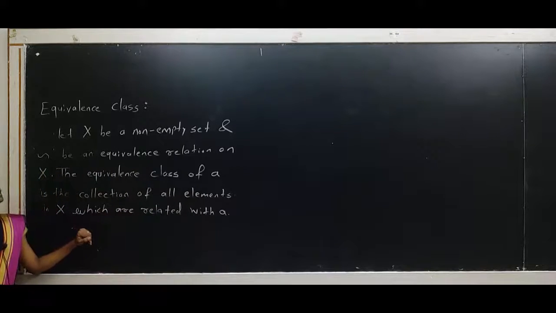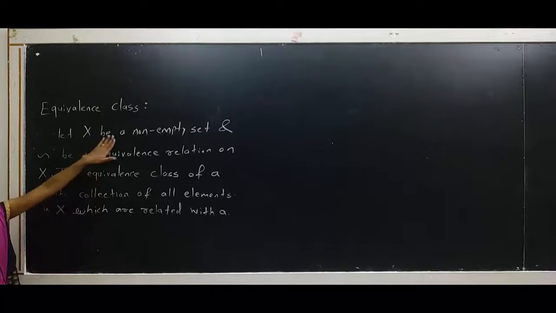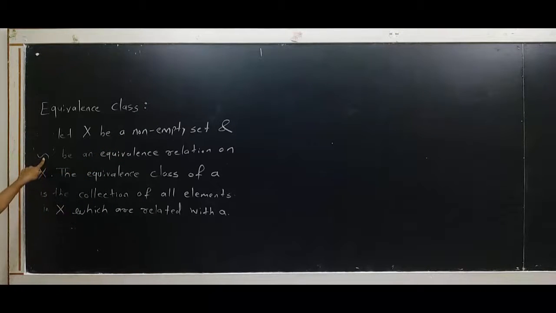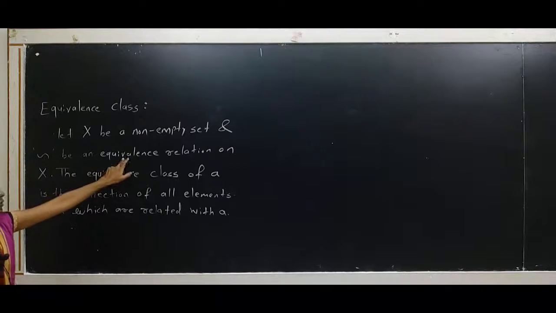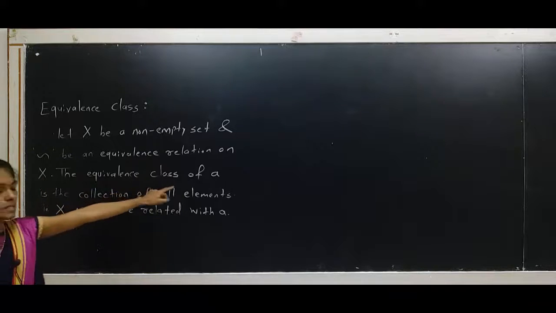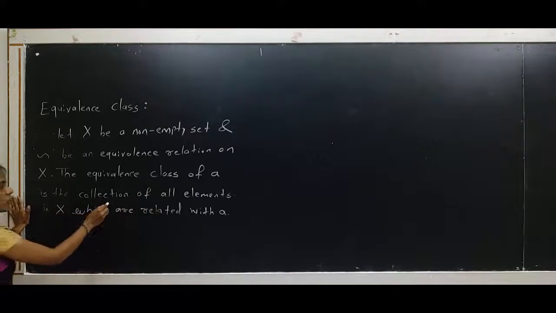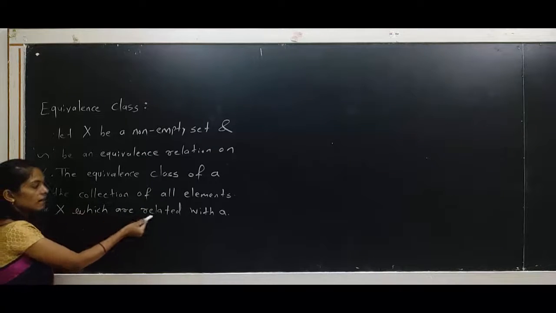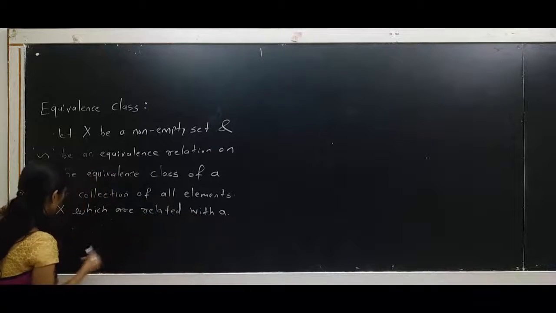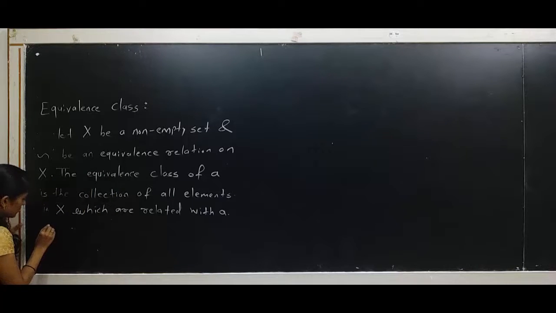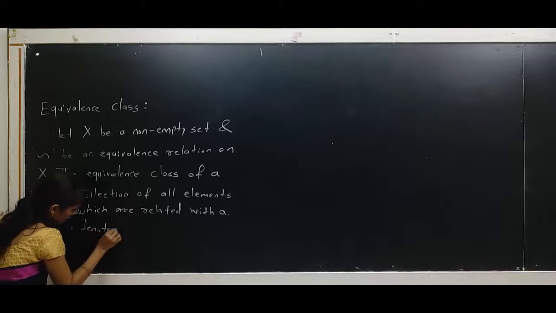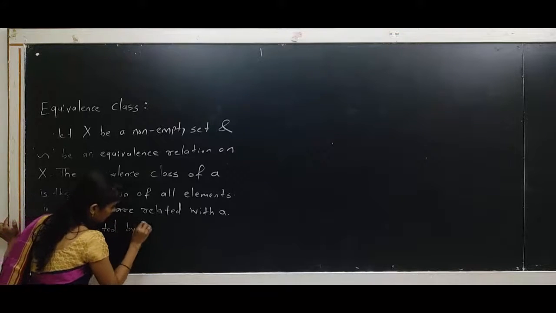See here, definition of equivalence class: X be any non-empty set, and this is the symbol for relation. So relation be an equivalence relation on X. So the equivalence class of A is the collection of all elements in X which are related with A, and it is denoted by A bar.